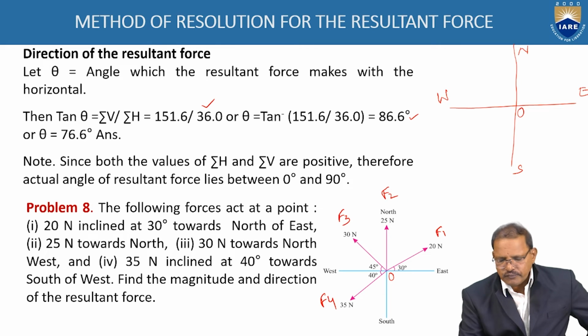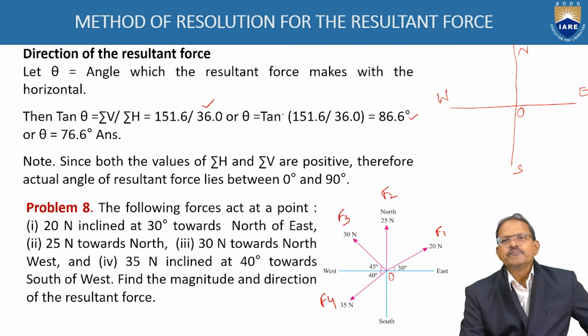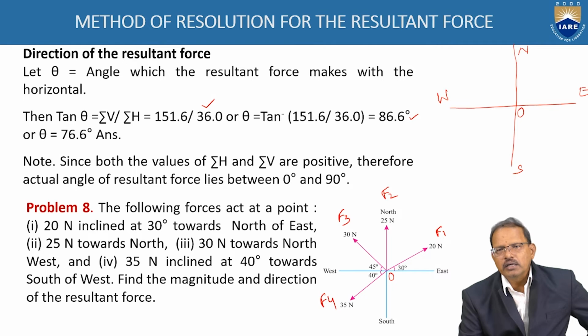The first force given is F1, that is 20 newtons. It is inclined at 30 degrees towards north of east. That means it lies in the first quadrant only, making an angle of 30 degrees and having a magnitude of 20 newtons as shown in the figure.